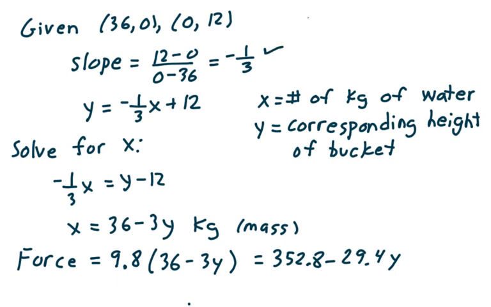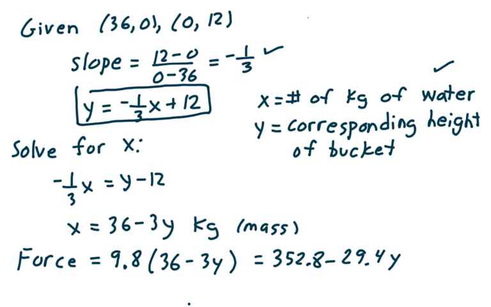So there's a relationship between x and y, and then namely, y is equal to negative 1/3 x plus 12. Now, x is the number of kilograms of water at a certain height, right? Y is the corresponding height of the bucket. So we have a certain number of kilograms of water, and then we have the height of the bucket.